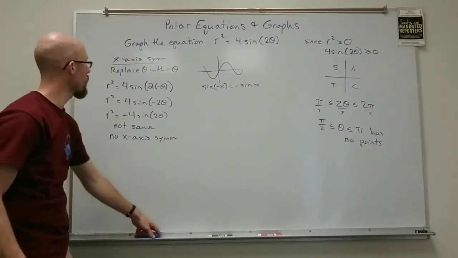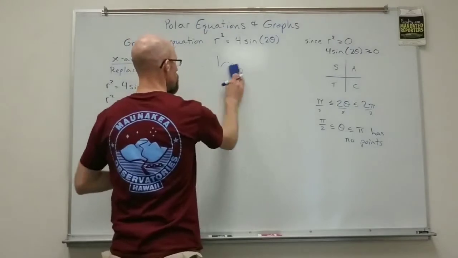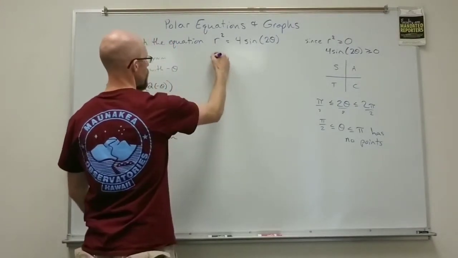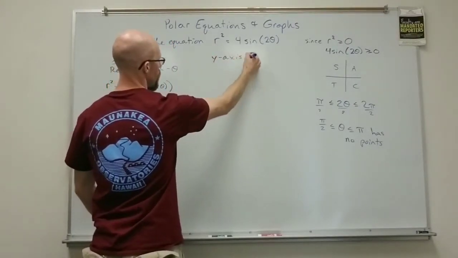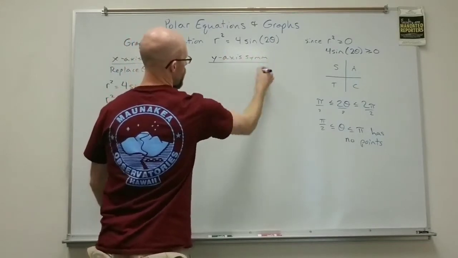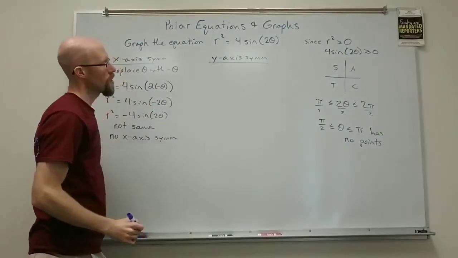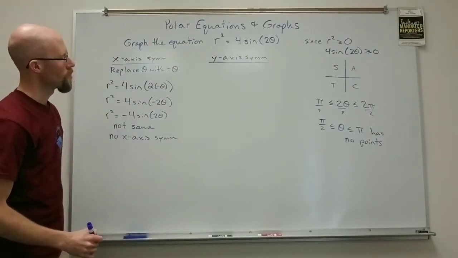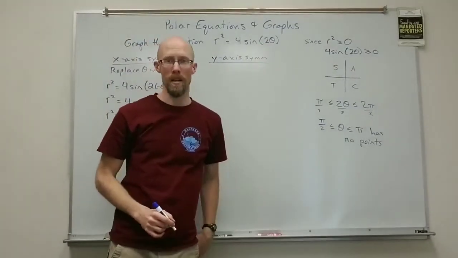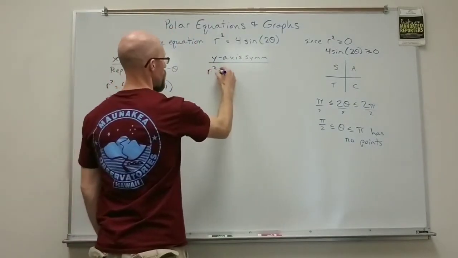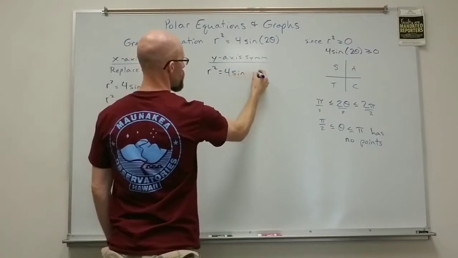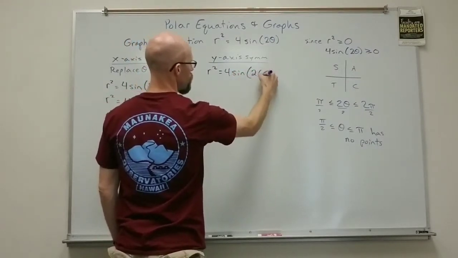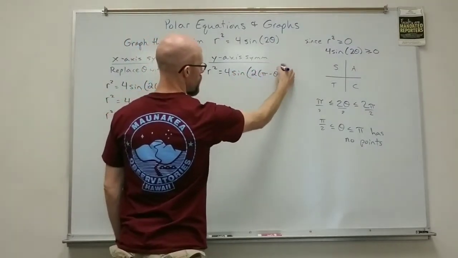All right, if we look at y-axis symmetry here, I would need to replace theta with pi minus theta. So I'd have r squared equals 4 times the sine of 2 times pi minus theta.